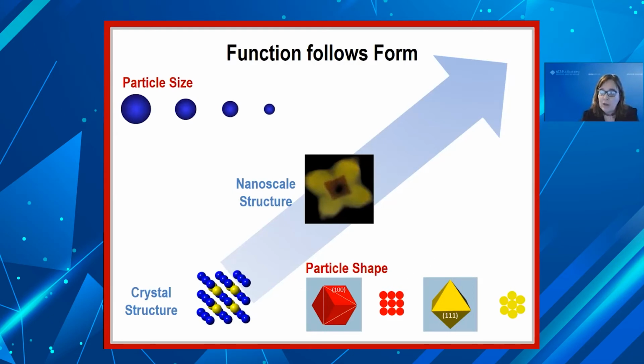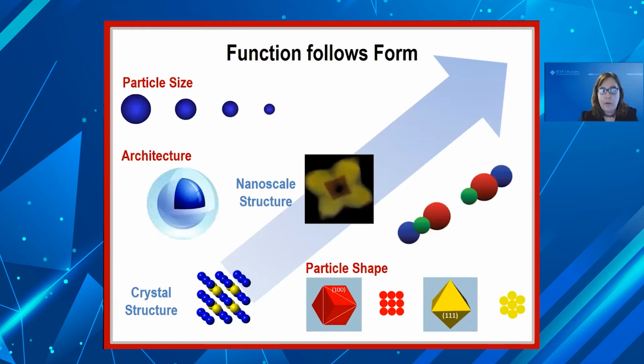In the case of the octahedral nanoparticle, this will selectively express the 111 facets, which have a close packed arrangement of atoms. These differences in atomic arrangement can give rise to different surface adsorbate interactions, and in turn, different catalytic activity and selectivity. Also, the light scattering properties and many other features will depend on particle shape. So again, an example of how the function of our material follows the form that it takes.